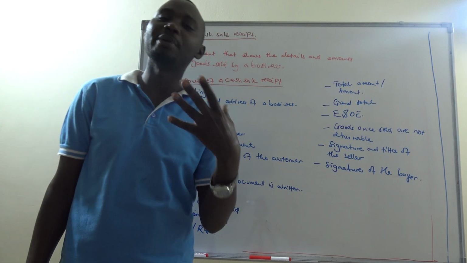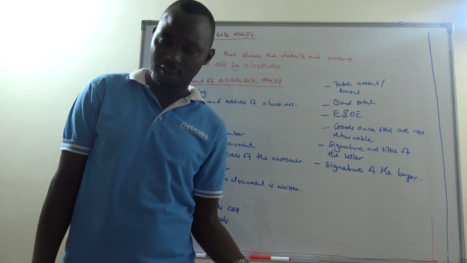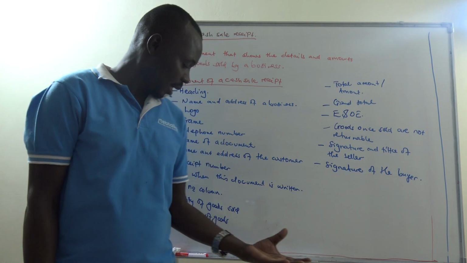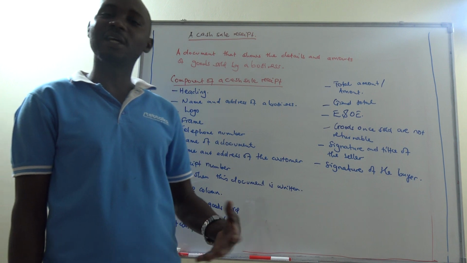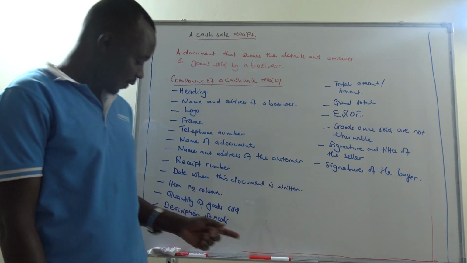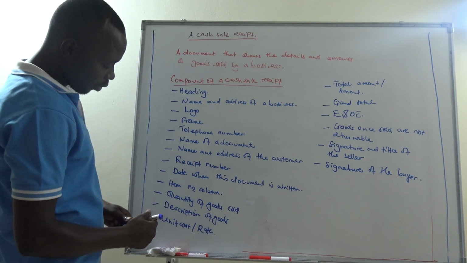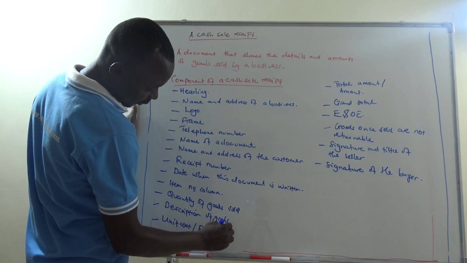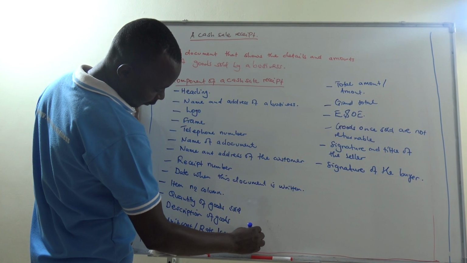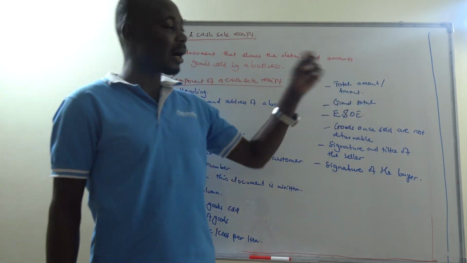If we bought 2 benches, how much did he buy each bench? If you were in a carpentry workshop, if you bought cupboards, how many cupboards, that 4? How much was each cupboard? This is a unit cost, rate or cost per item. You can also call it cost per item.